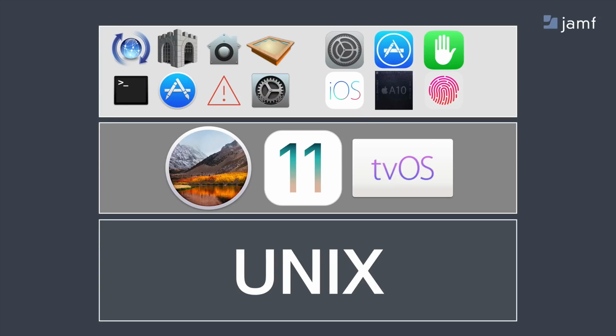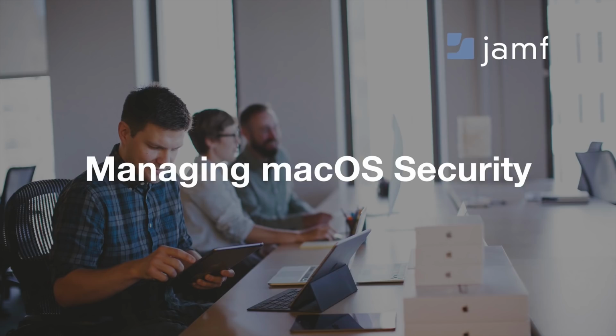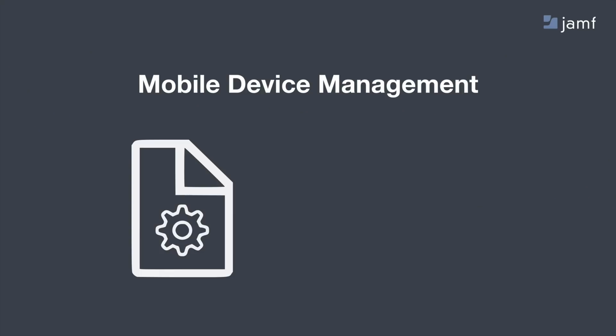Well, luckily, Apple's also built a management layer on top of this as well. This is known as the Mobile Device Management Framework. So that brings us to our next topic: how do you manage these macOS security controls? As I mentioned, this is called Mobile Device Management, or MDM as it's abbreviated.